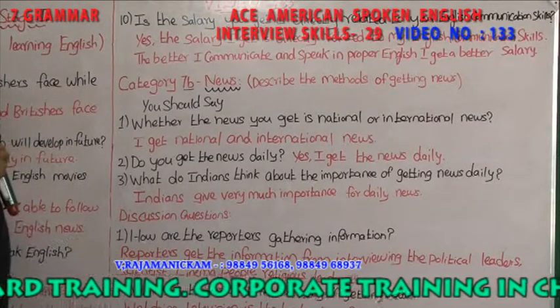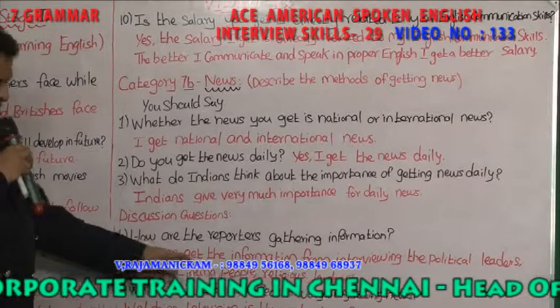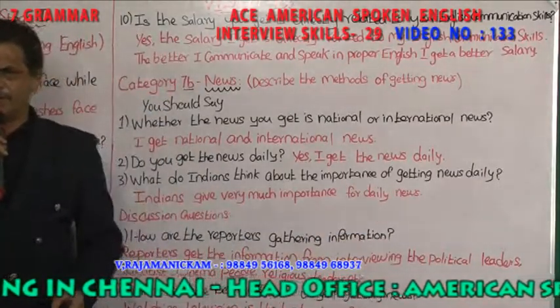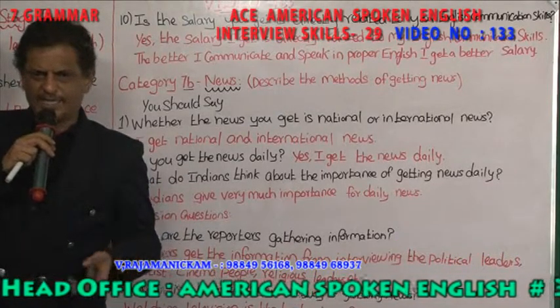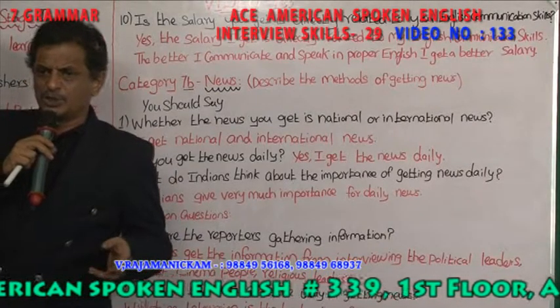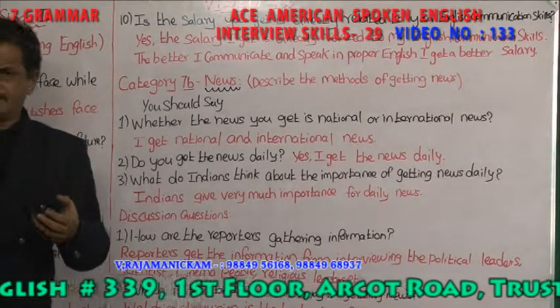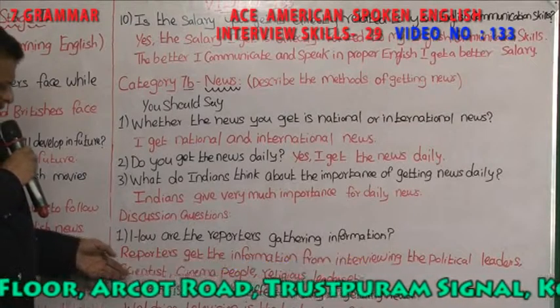How are the reporters gathering information? How do they gather information, sir? Reporters get information from interviewing political leaders, right? See, political leaders, whether Rahul Gandhi or Sonia Gandhi or Karunanidhi, Jayalalitha, Nitish Kumar. They go to the political leaders, attend the meetings, the news conferences, and try to get information from them.